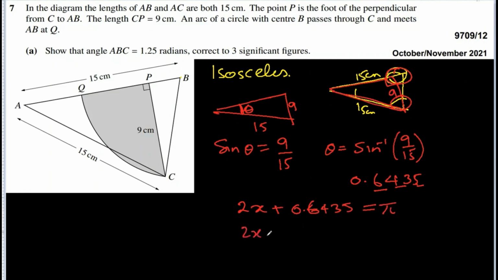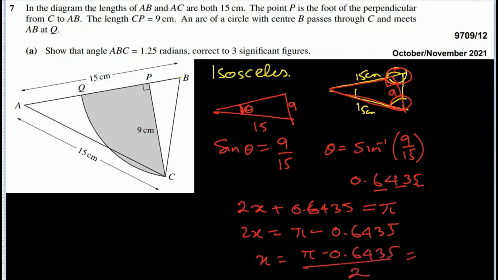So 2x equal to pi minus 0.6435, and x is equal to pi minus 0.6435 over 2, and hopefully that will be 1.25. Let me use my calculator to confirm it. And this is 1.25 radians, 3 significant figures.